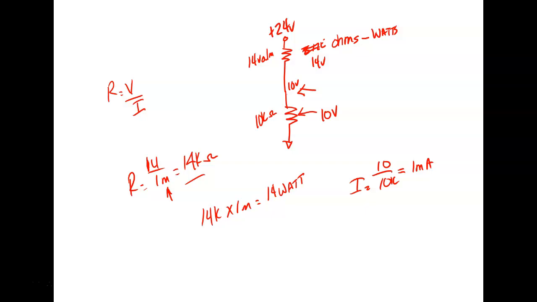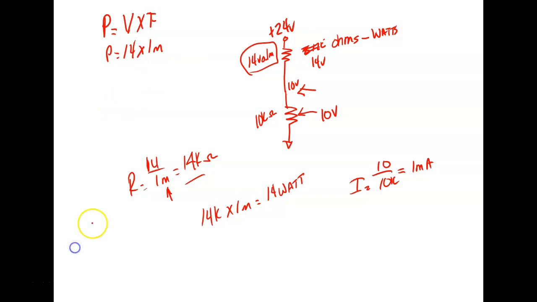No, V is dropping 14 volts. So we got two formulas. Power is equal to V times I, which would be 14 volts times 1 milliamp. No, y'all kept saying 14K, not me. There you go. Thank you.